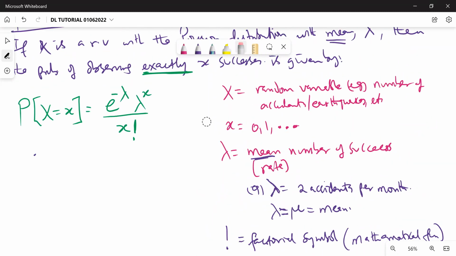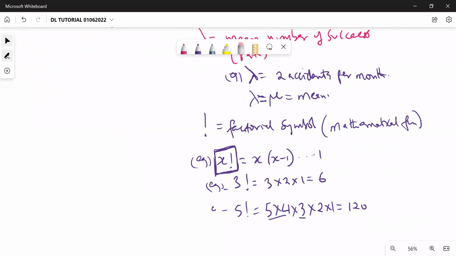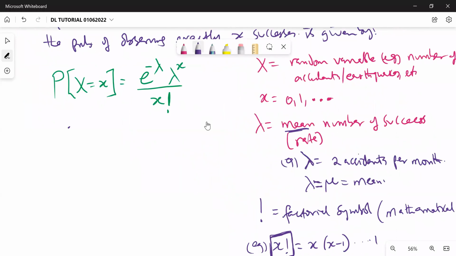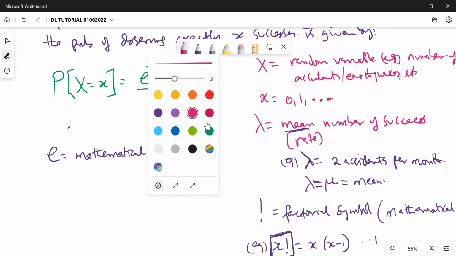And now there is the E. Let me write it here. E is again a mathematical constant. It is a number, and its value can also be obtained from the calculators. If you check your calculator, you'll see that there are two E's.